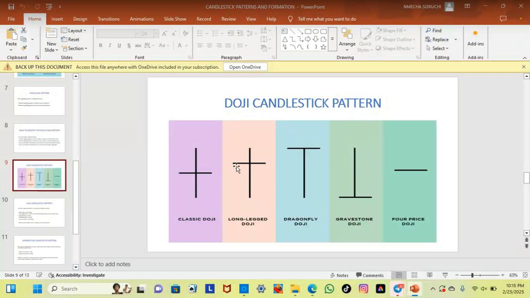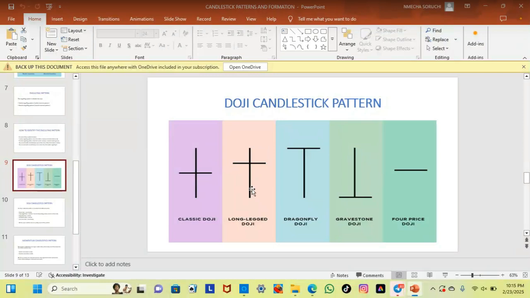If the body of the candle is at the top, like what you can see here on the long-legged doji, this indicates a bullish reversal pattern. But if the body is at the bottom, then it will indicate a bearish reversal pattern.